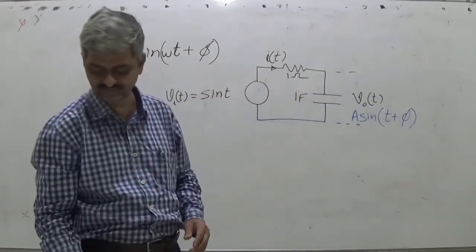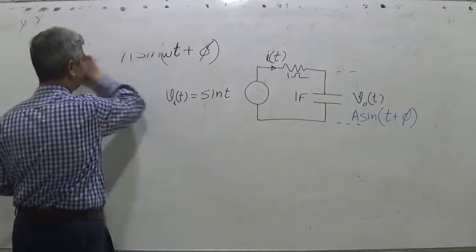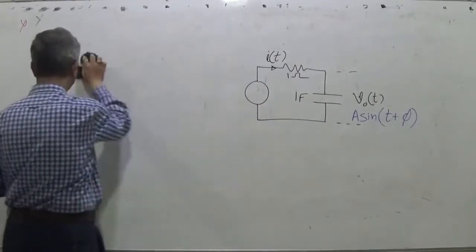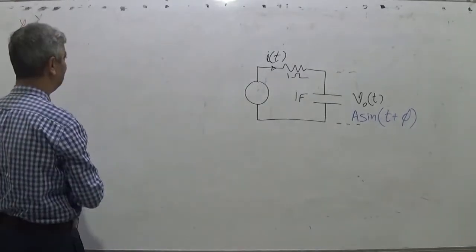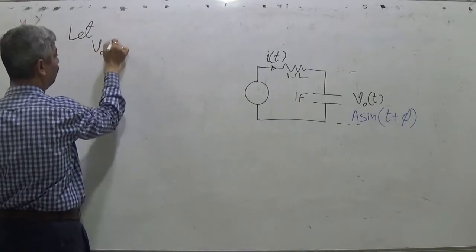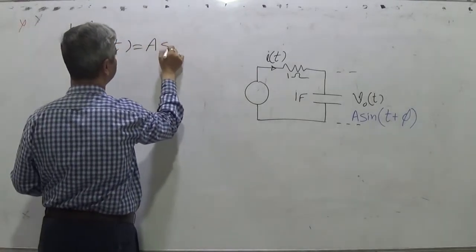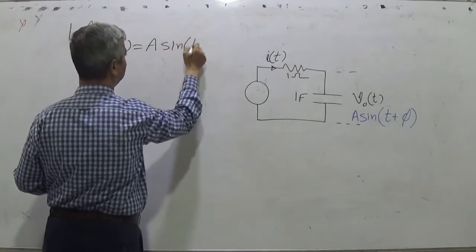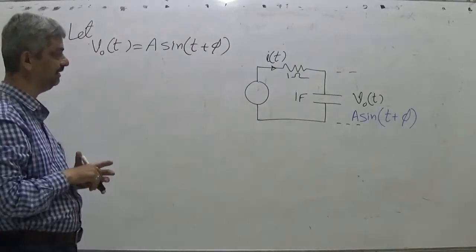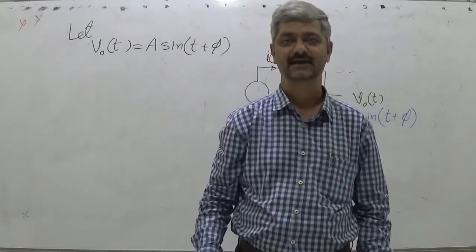So I start the derivation by a very simple presumption. Let v_o(t) be equal to A sin(ωt + φ).